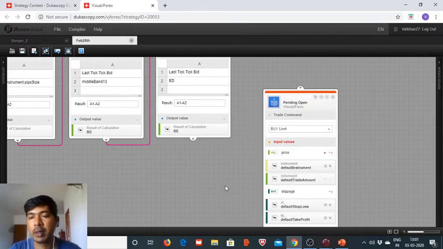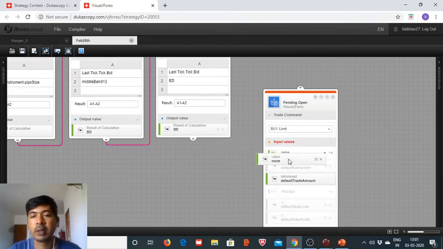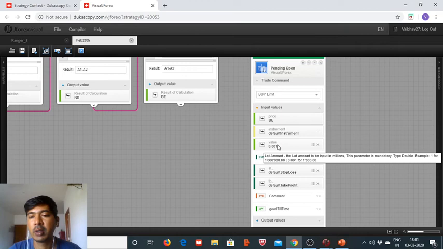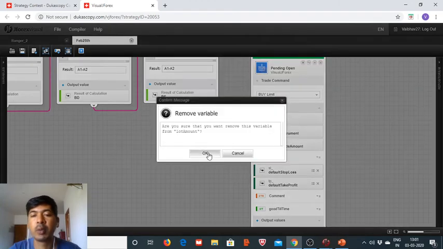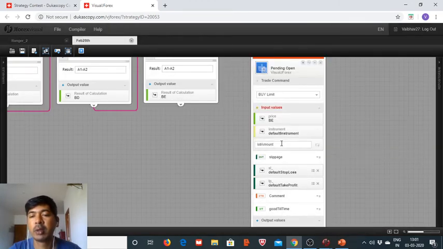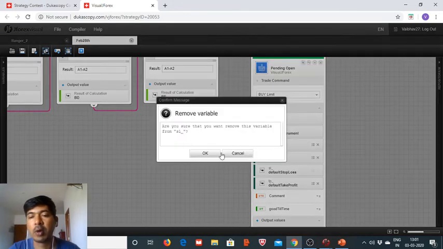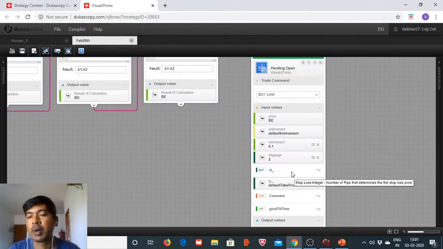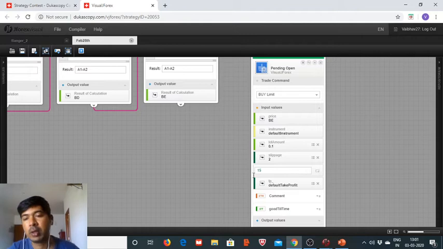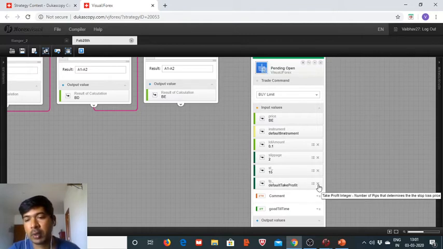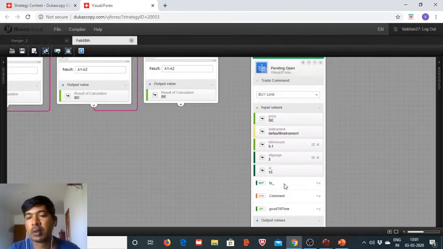So buy limit, here it is, and the price is going to be BE. Default instrument, trade amount we will put in at 100,000, that is 0.1 million. Slippage will be 2 pips. Default stop loss will be 15 pips as we have kept in market open, and the default take profit is going to be 20 pips.